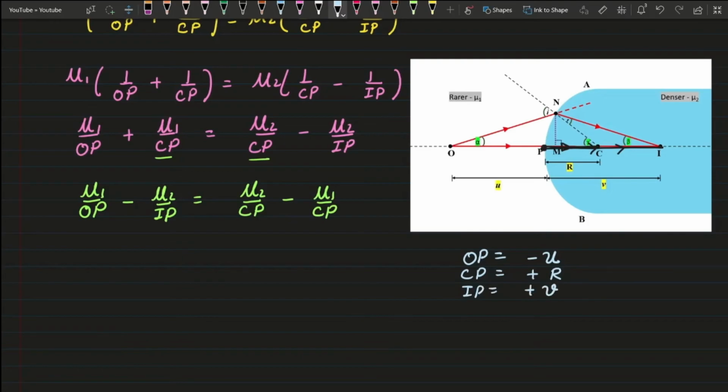So I will substitute these values in this equation and we will get the equation which we want.